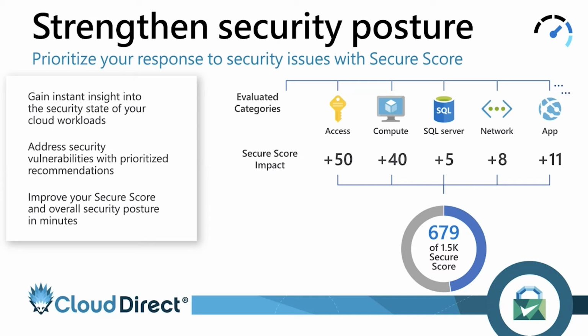So potentially the SQL server is configured in a secure manner, whereas with some of the access, maybe there are some things there that are a risk to your organization, and that will culminate in an overall score for your environment. You can see out of a possible 1.5 thousand, we're meeting 679 of them. So is that good or bad?